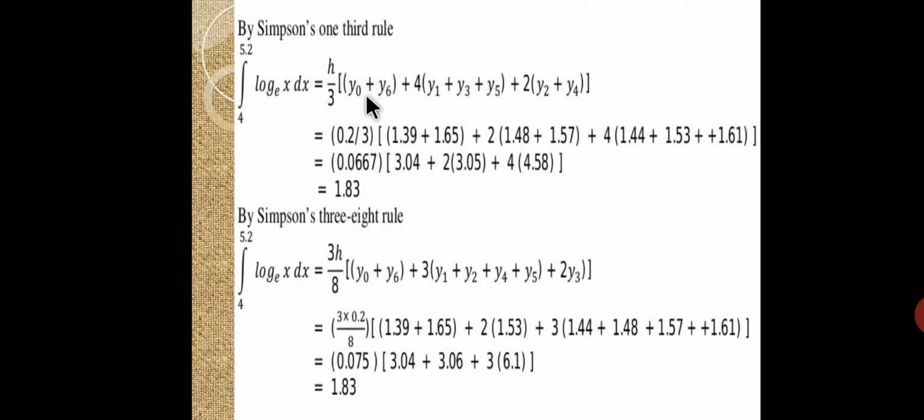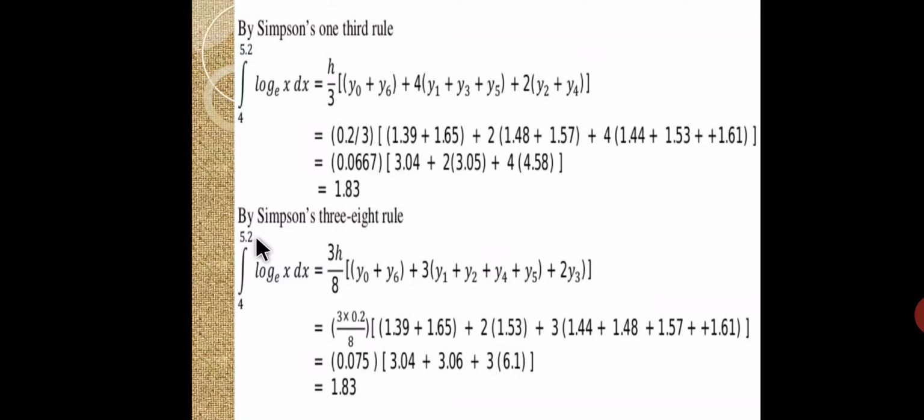We write the values from the table: 0.2 by 3, 1.39 plus 1.65 plus 2 into 1.48 plus 1.57 plus 4 into 1.44 plus 1.53 plus 1.61. You simplify using a calculator. We get 0.0667 into 3.04 plus 2 into 3.05 plus 4 into 4.58. So the value of the integral in Simpson's 1/3 rule is 1.83.